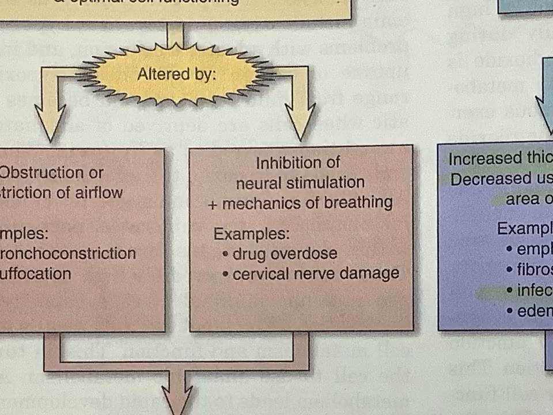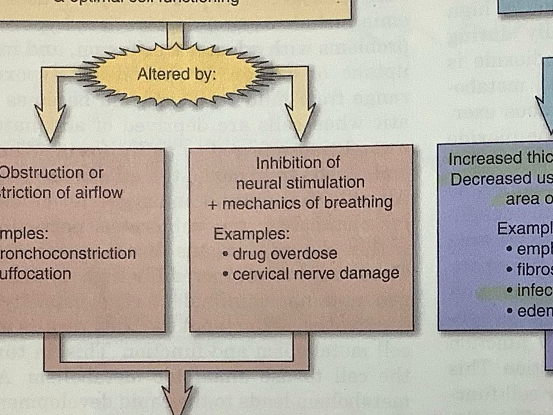So one way ventilation could be impacted is through something that inhibits that normal neural stimulation. Any ideas of things that might do that? Drugs. Yeah, so a drug overdose is one thing that can slow that respiratory response.